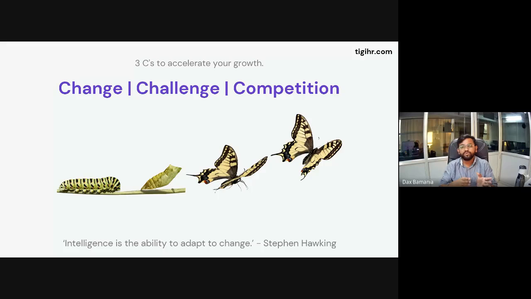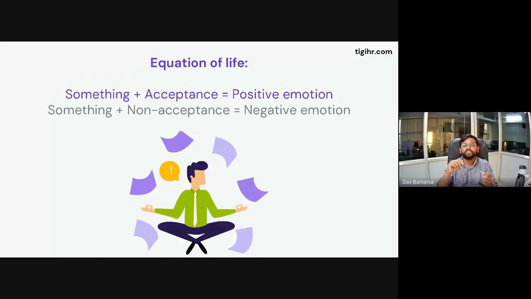As Stephen Hawking famously said, intelligence is the ability to adapt to change. So we need to keep that intelligence inside us, and work on that particular thing. The equation of life is: something plus acceptance equals positive emotion.